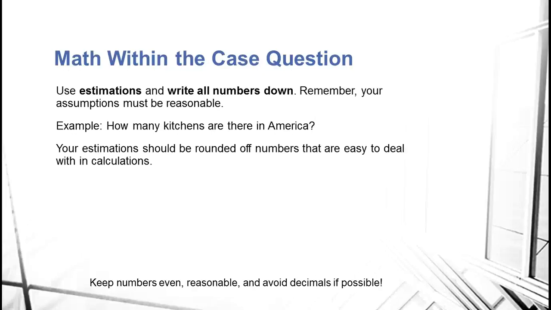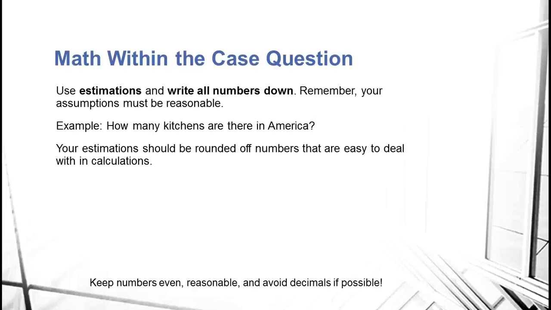Estimations are a bit different. So estimations might be, we'll use the example of a market sizing question. So they might ask you, how many televisions are there in the United States? They know you probably don't have the exact inputs to do a calculation. So you're expected to make estimations. So you might think of how many households there are in the entire United States.